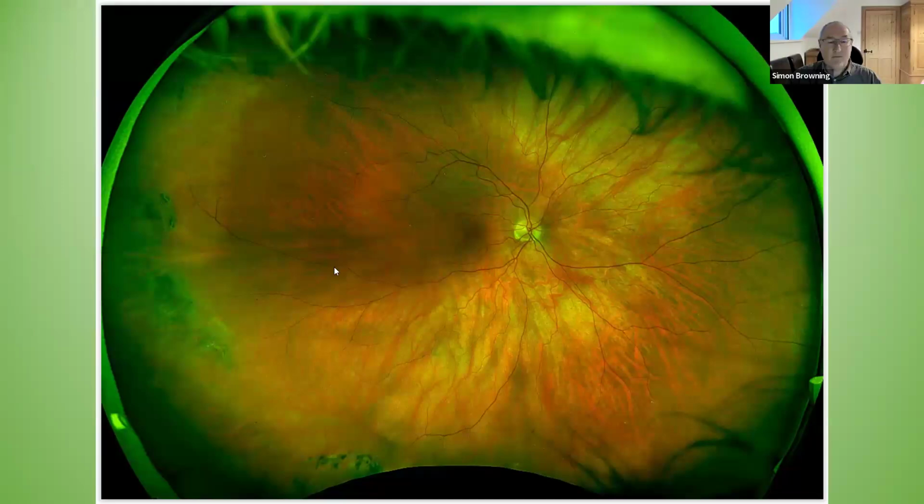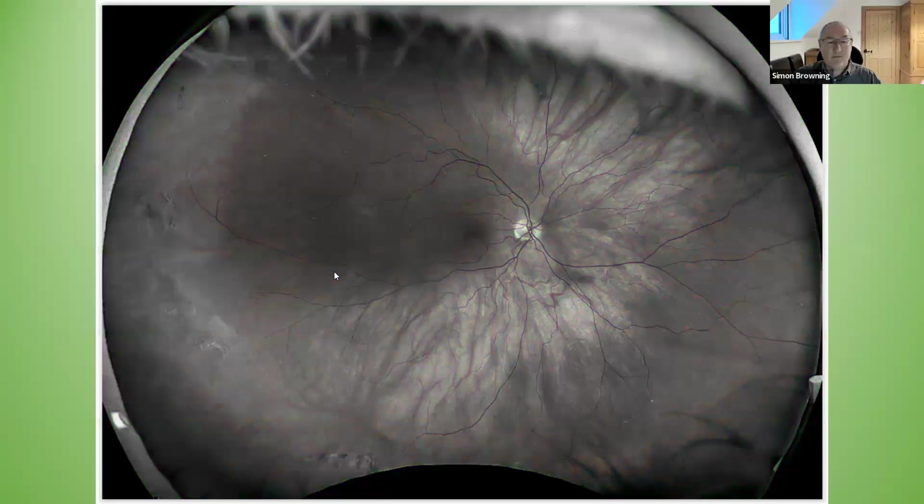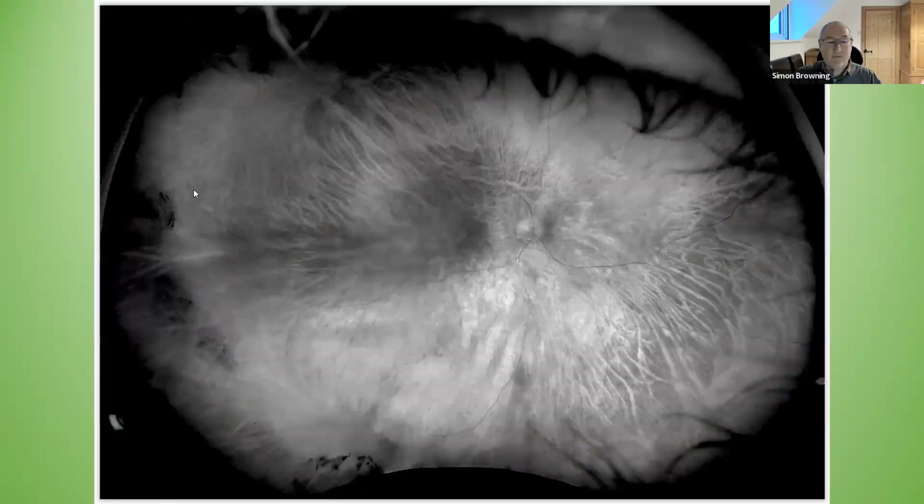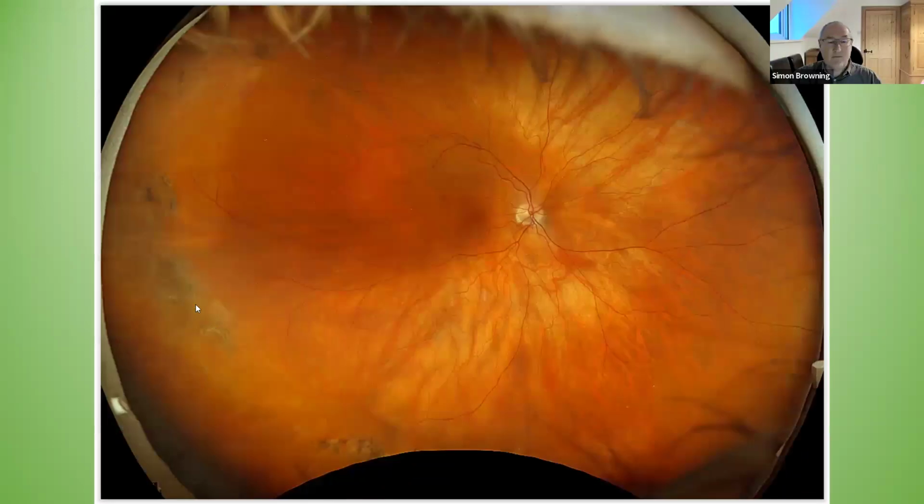Absolutely classic, and that's looking at the surface there. That's looking at the base. It's not a very good image looking at the red channel in this one. But again, areas of degeneration here, areas of pigmentation, all circumferential in appearance. It's not coming in this way, it's going around with the ora serrata.